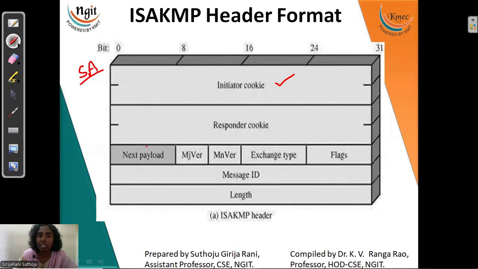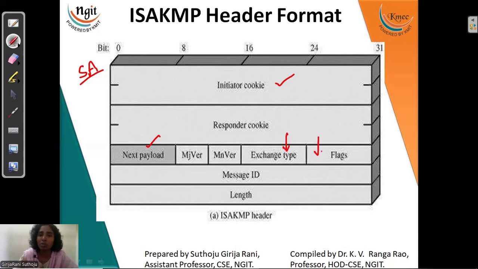Now, what is payload and major version? Payload is nothing but what may be the next upcoming packet we are about to receive. And we will have the versions in two formats, major and minor. Here both are the same. And exchange type: what is the algorithm we are utilizing? Is it a global parameter type of exchange, or directly the KDC format of exchange? So what is the exchange type we have to give here?